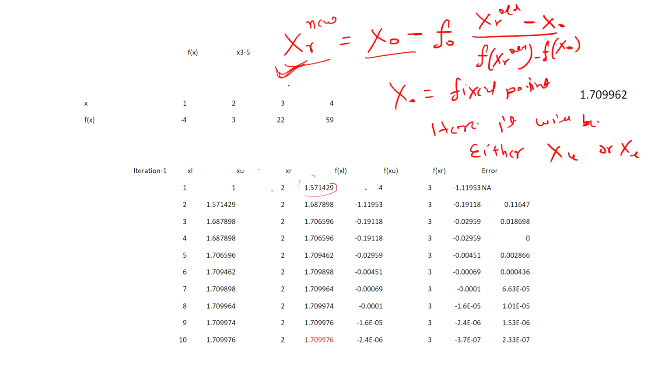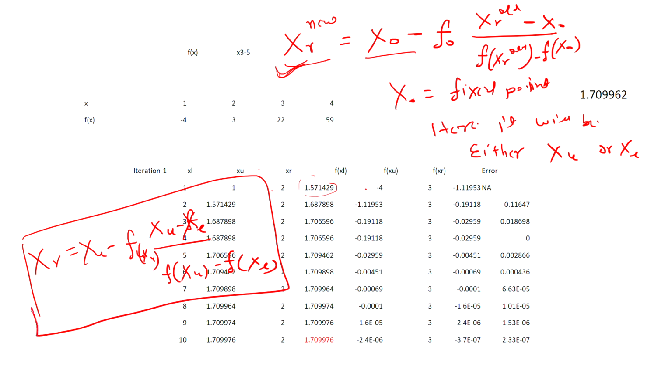So just remember the previous formula which we used. That formula is that XR is nothing but XU minus FU times XU minus XL upon f of XU minus f of XL. So remember this formula to update the value of XR.